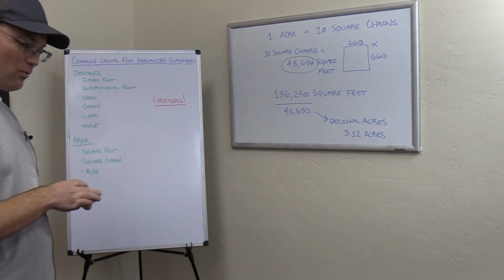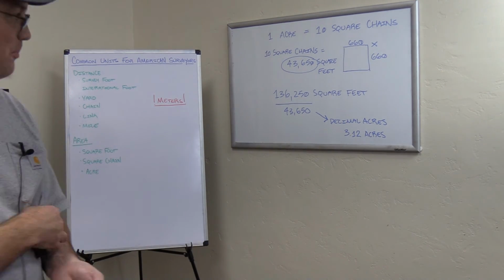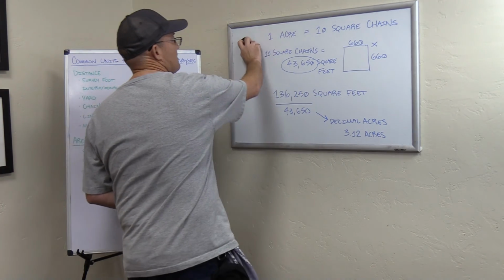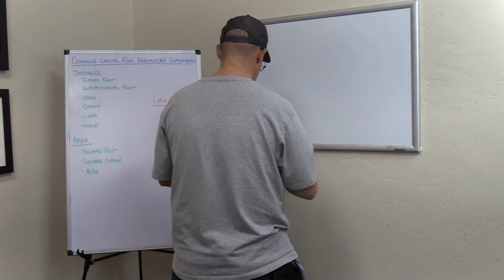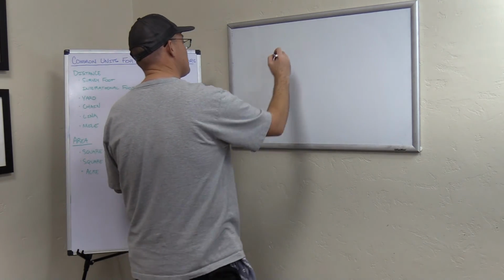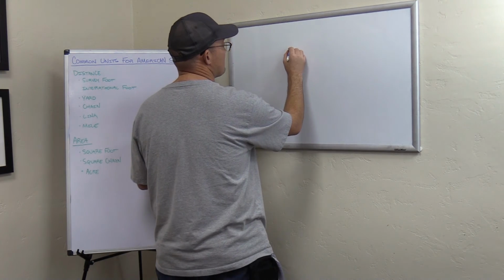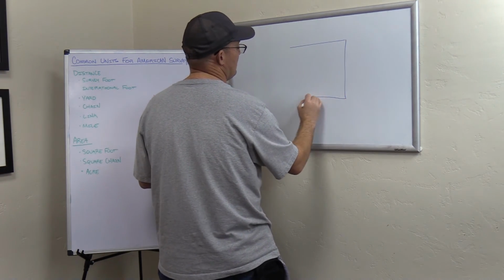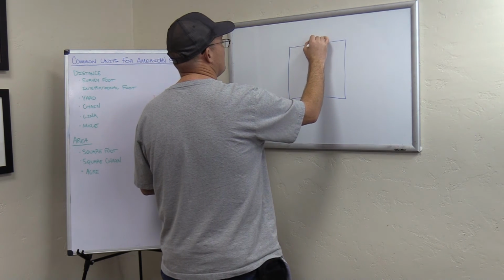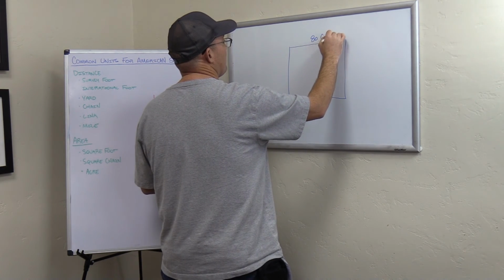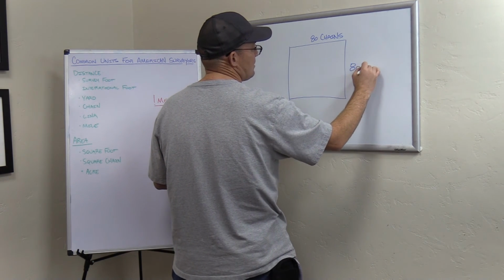Now, one thing that will help you remember is that it all comes back to chains. 10 square chains will help you remember how many square feet are in an acre. And for distance, the standard public land survey system section, the square that they divided all the land up into in the western U.S., was 80 chains by 80 chains.